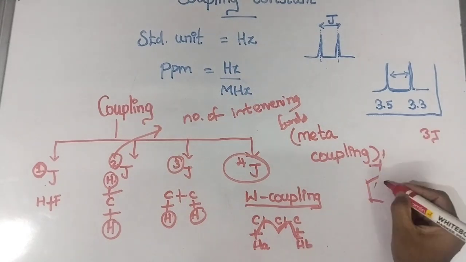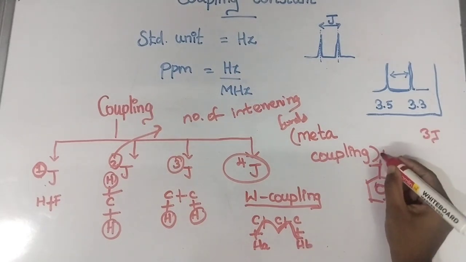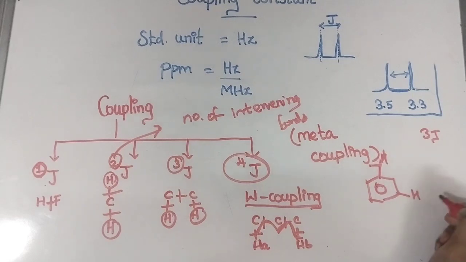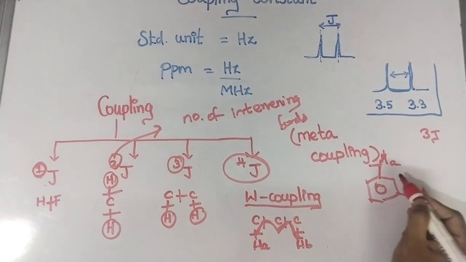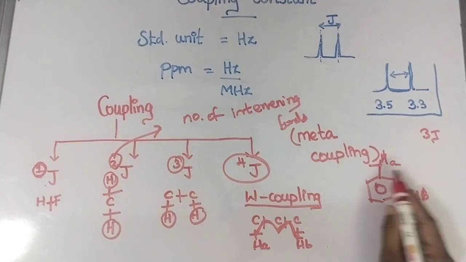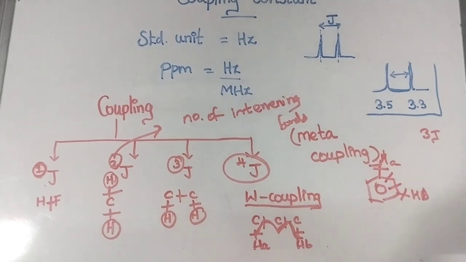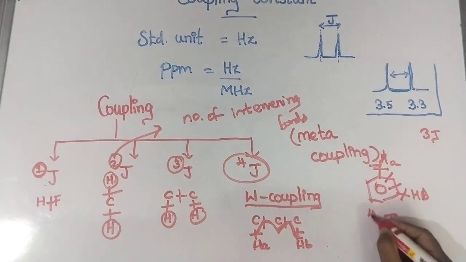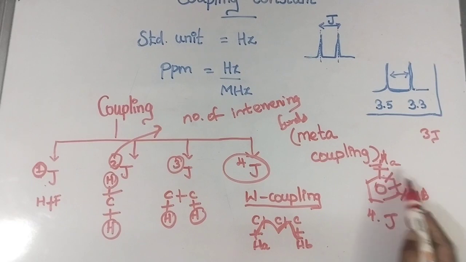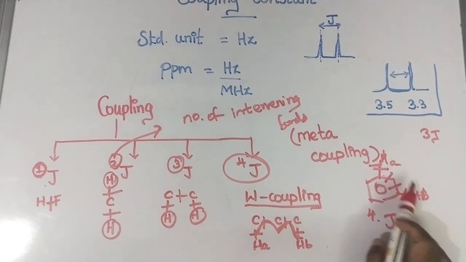But in the meta position, see here, 1, 2, 3, 4. I can draw it like this. This is the HA proton, this is the HB proton. The number of intervening bonds between these two is 1, 2, 3, 4. Hence J4 coupling is otherwise known as meta coupling. In a ring structure it is the meta position.